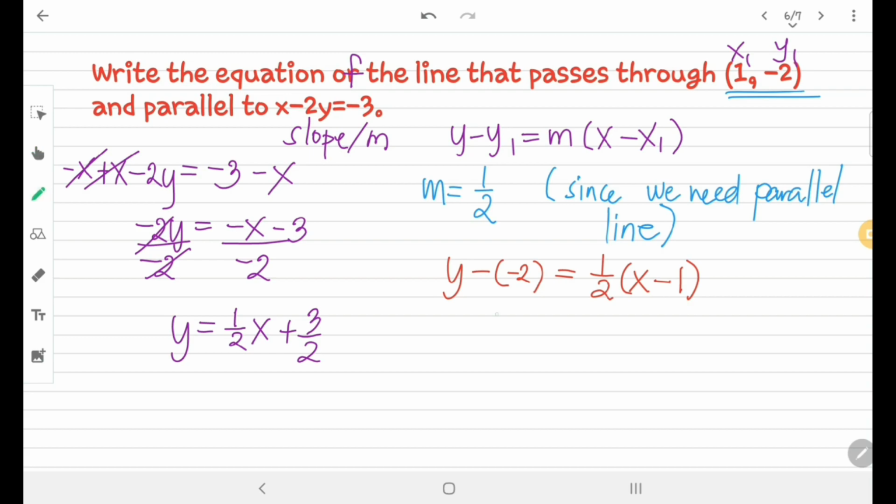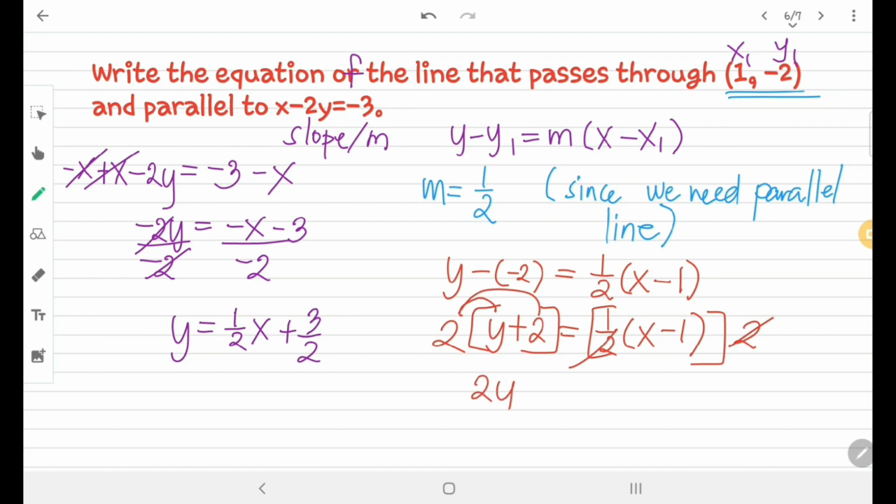So, let's solve. Okay, so I will be showing you the standard form. Kaya, gagawin ko ay mag-multiply ako both sides by 2, kasi para ma-cancel to. So, 2 times y and 2 times 2. So, I will have 2y + 4 = x - 1.